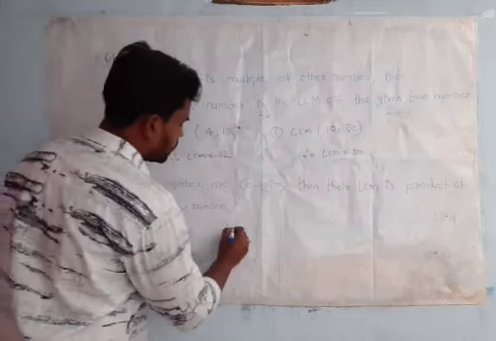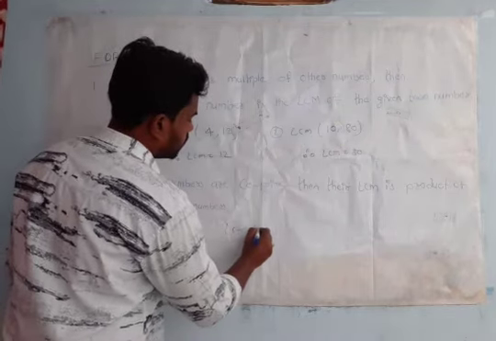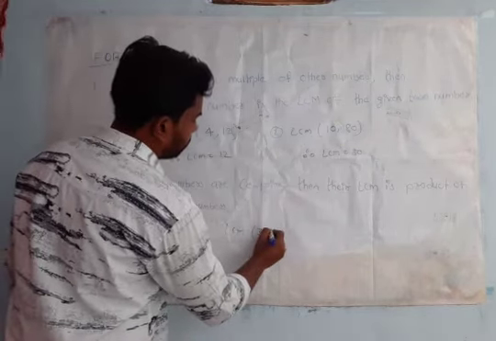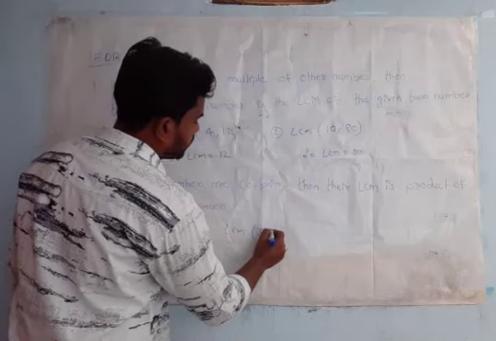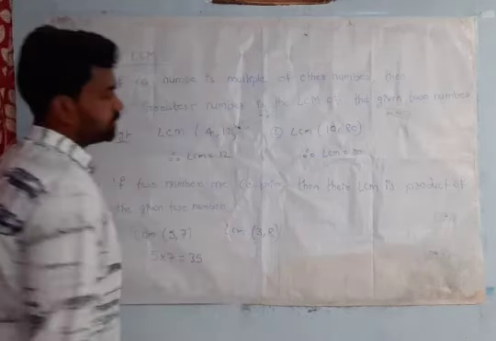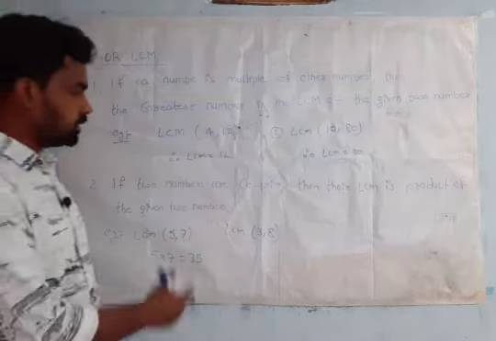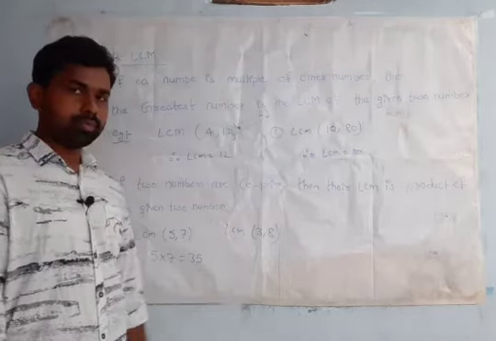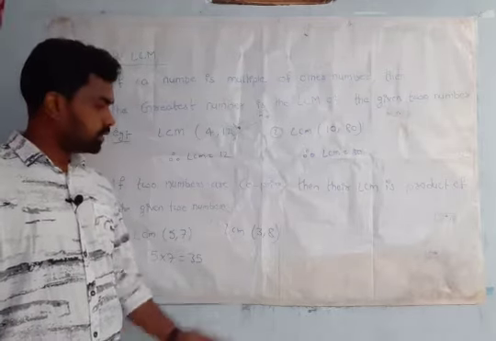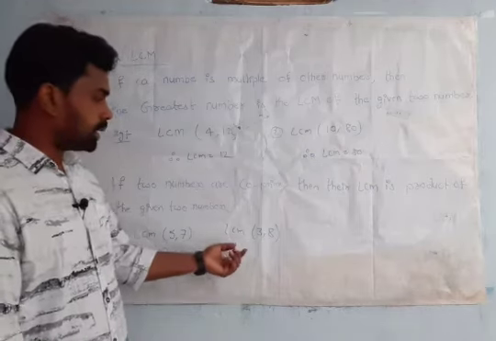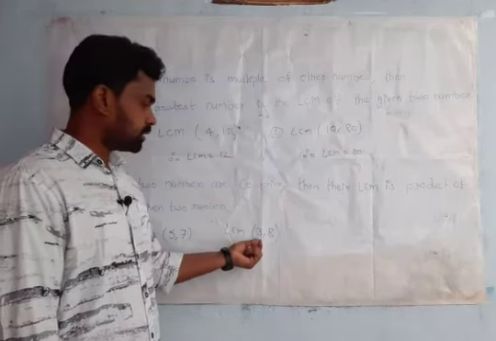Suppose let us take LCM of 3 comma 8. Now tell me, one number is not prime, but are these co-prime or not? Let us see the factors.